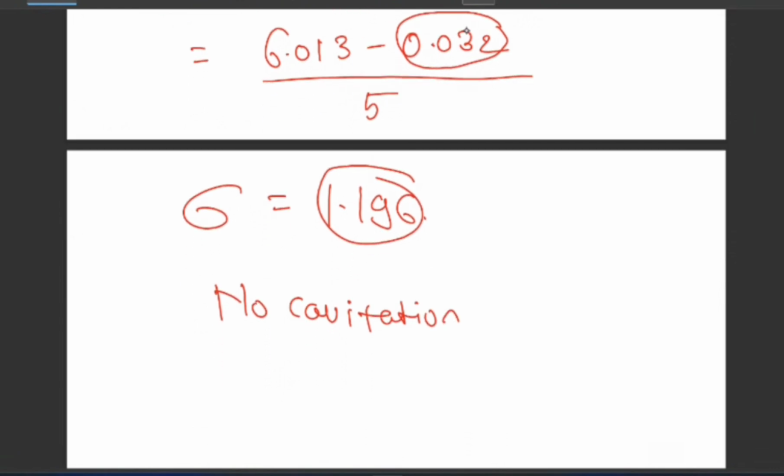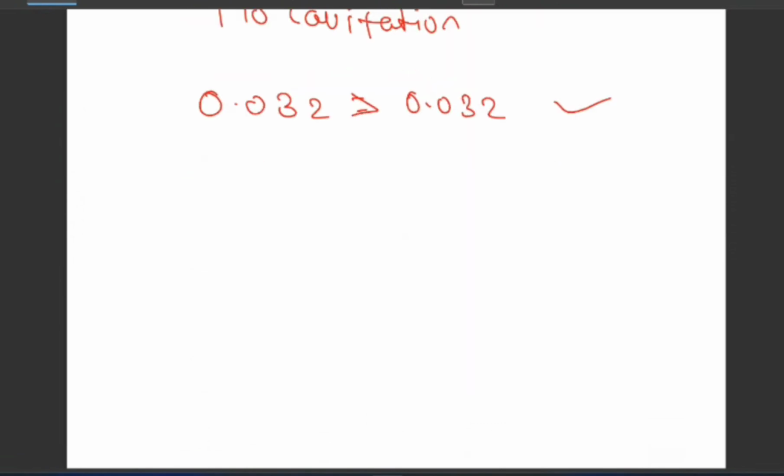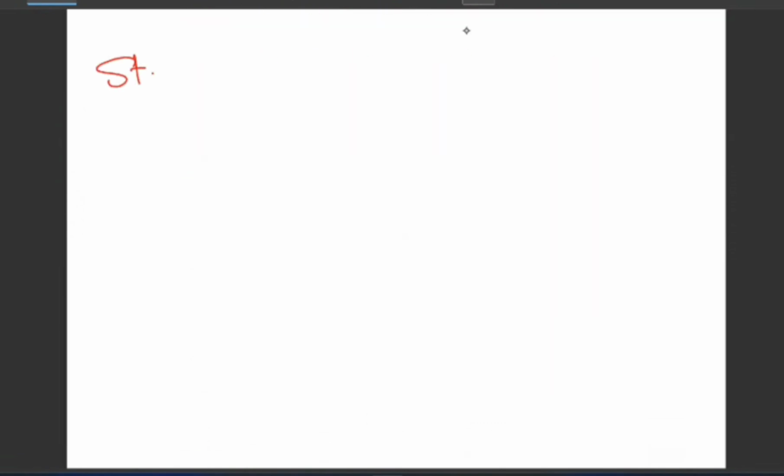Cavitation could occur if sigma is less than or equal to the limit value, but it is 1.196, so no cavitation.